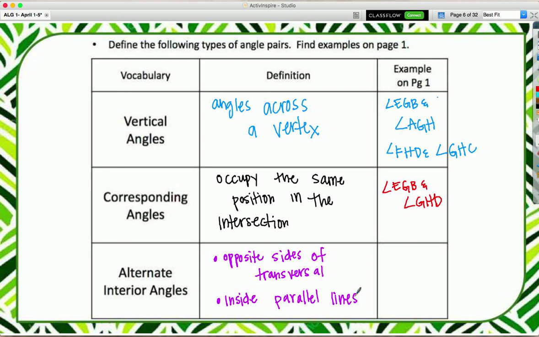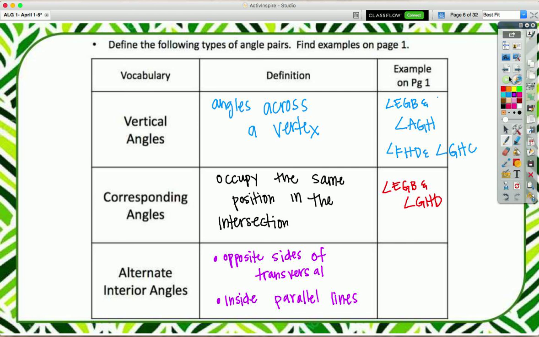So opposite sides of the transversal, but inside the parallel lines. We're actually going to go back and do that, but they're equivalent. They're congruent to each other. When I visually show you which ones they are, it'll make sense to you.